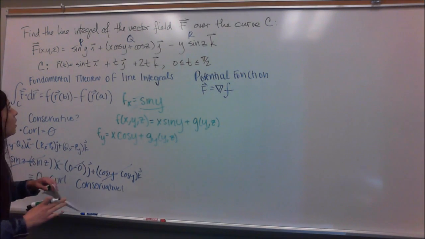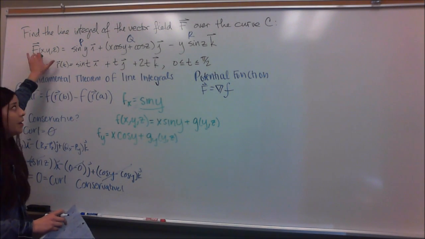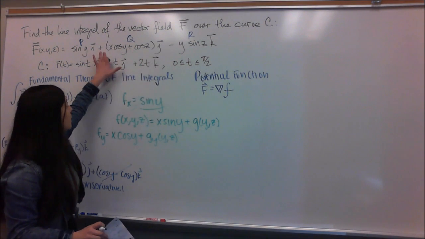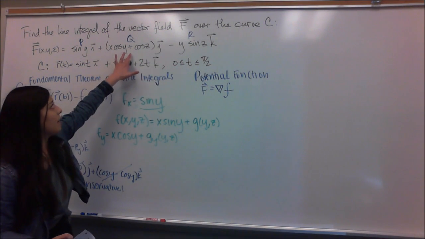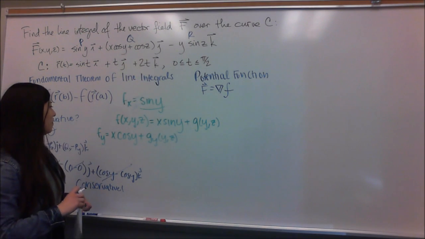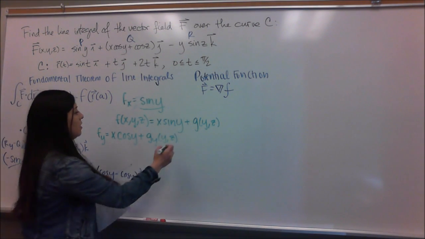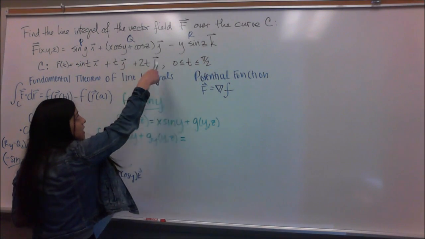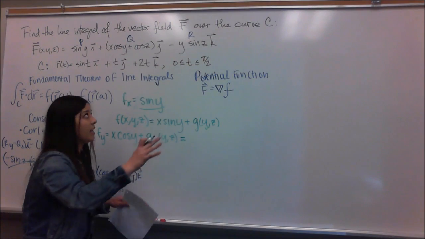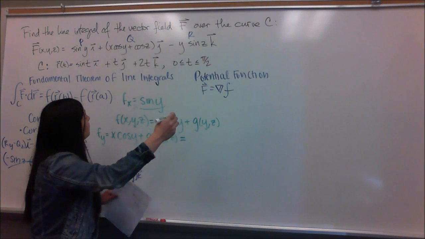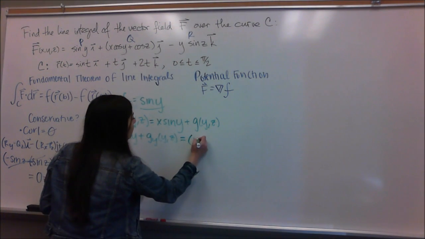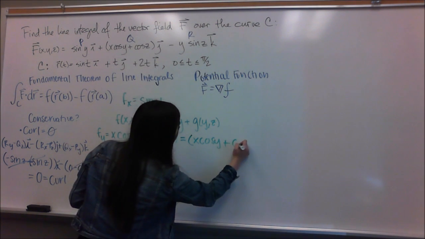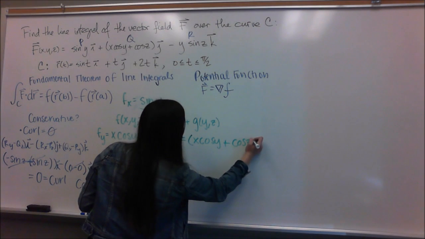Looking at the vector field, we know that the y component is x cosine y plus cosine z. To solve for the unknown, we're going to set this equal to that Q, j component of this vector field. So that equals x cosine y plus cosine z.